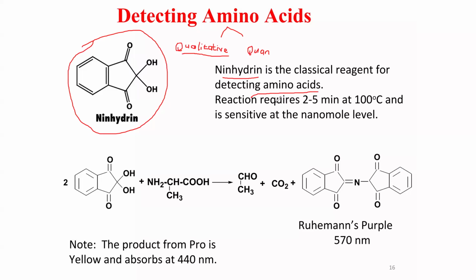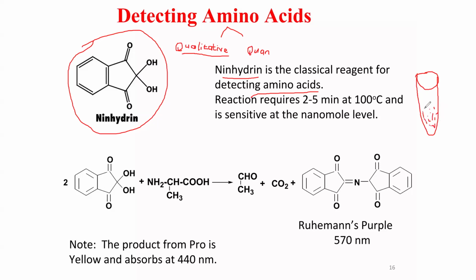And this reaction requires 2 to 5 minutes at 110 degrees centigrade and is sensitive at the nanomole level. So what does that mean? It means that when you want to test the presence of an amino acid, let's say this is your test tube, and in this test tube you have your solution.